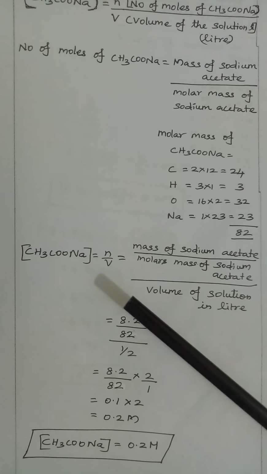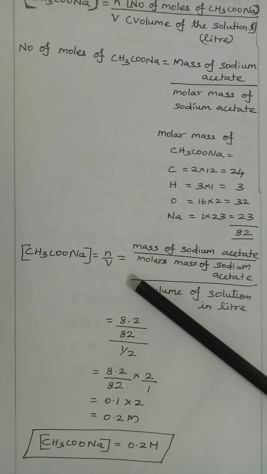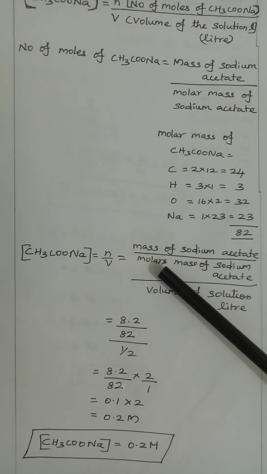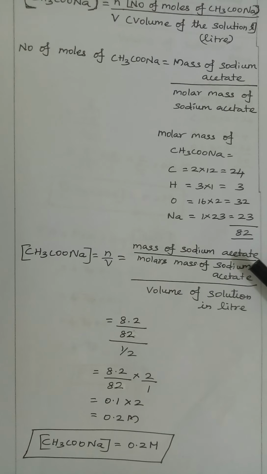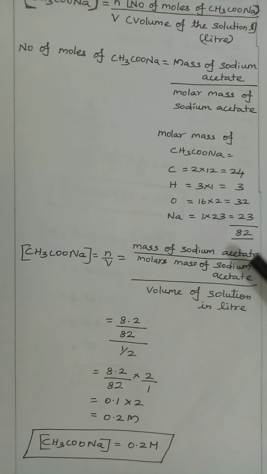The concentration of the salt can be calculated by this formula, N by V: mass of sodium acetate divided by molar mass of sodium acetate, divided by volume. Mass of sodium acetate, 8.2, is given in the sum. Molar mass of sodium acetate is 82.